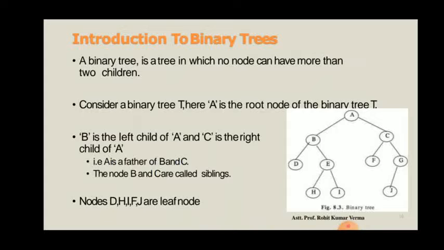The root node is A, B is the left child of A and C is the right child of A. Or we can say that A is the father of B and C. Also B and C are called siblings. And the nodes D, H, I, F, J are all leaf nodes because they are not extended to another child node.